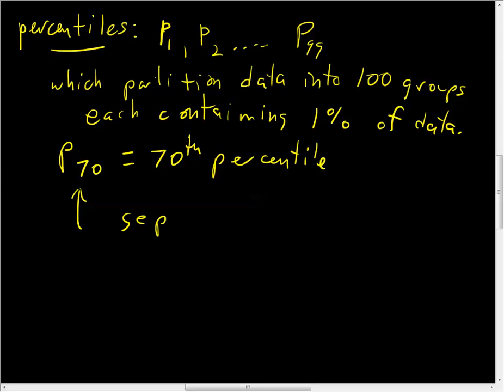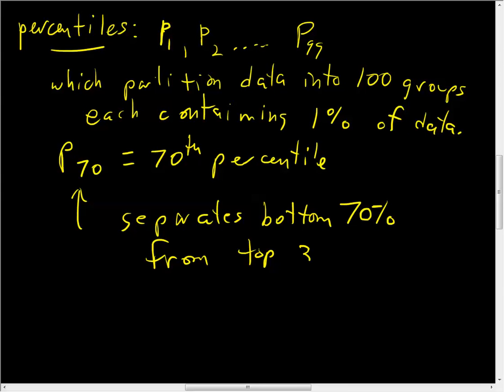This score separates the bottom 70% of data from the top 30%. So if I scored in the 70th percentile on an exam, that means I have done better than 70% of the people and worse than 30%, the top 30%, right?